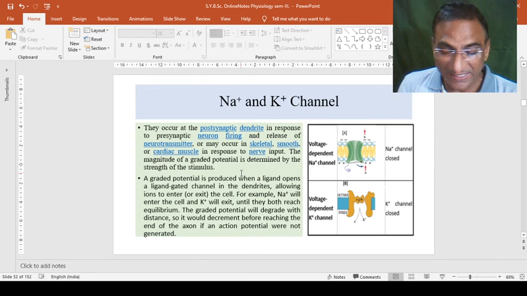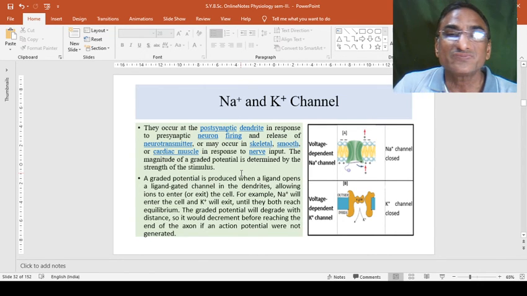Now we will explain the graded potential from another view. A graded potential is produced when a ligand opens a ligand-gated channel in the dendrites. As I told you, it occurs in the dendrite as well as in presynaptic or postsynaptic regions, and it allows ions to enter or exit.